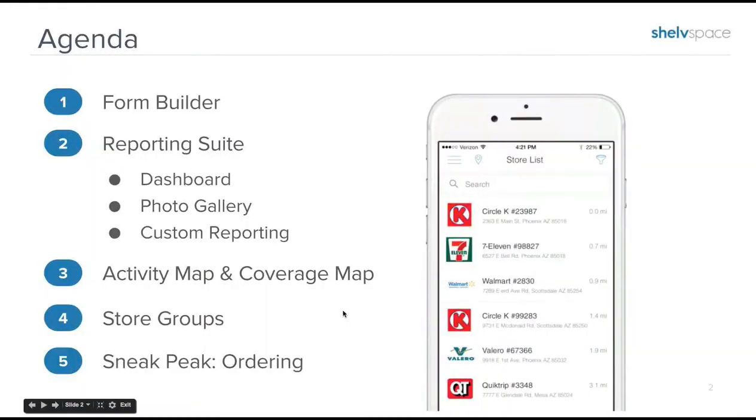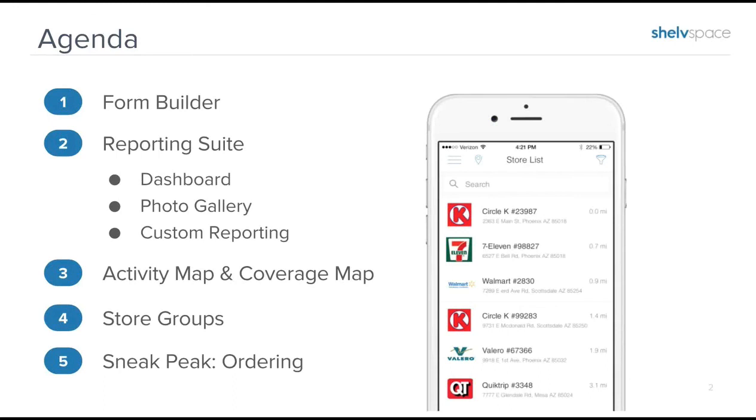So just a quick overview of what we're going to cover today. First, we're going to go over the form builder. This is where you want to start as you build out your retail execution plan. Then we'll go over the reporting suite, so you'll know all the different ways to summarize and pull that information from Shelvspace. Then we'll get into our maps, activity map and coverage map, which is really starting to harbor a lot of excitement.